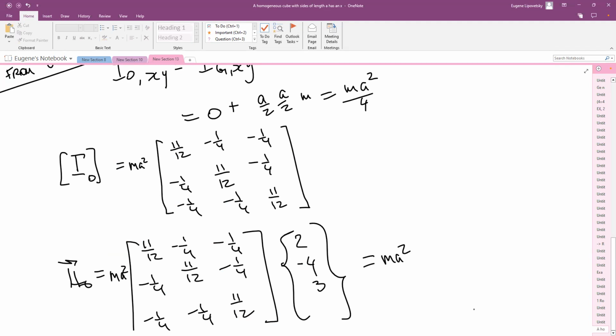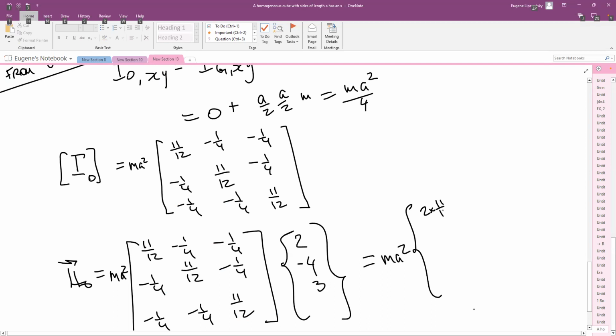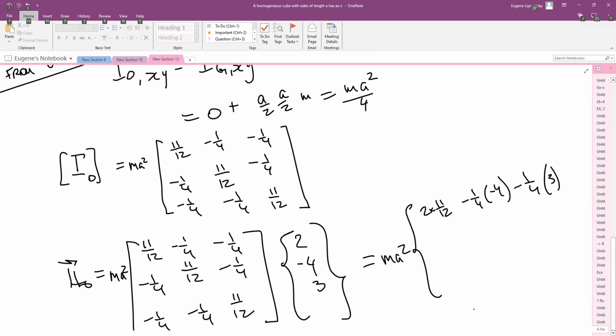And here, let me use my calculator to figure out these quantities. So this will be 2 times 11/12 minus 1/4 times -4 minus 1/4 times 3.